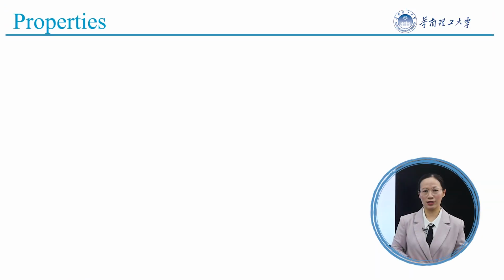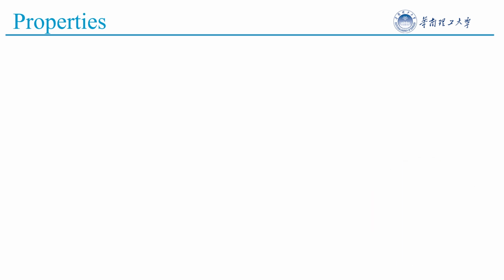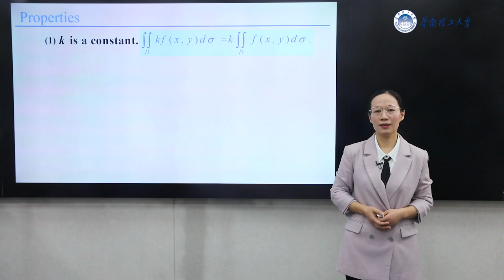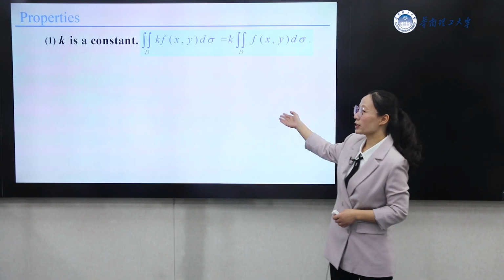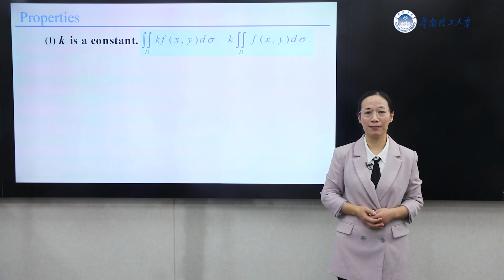What are the properties of double integral? We assume that the functions involved are integrable in the given region. k is a constant. The double integral of k times f(x,y) over region D is equal to k times the double integral of f(x,y) over region D. That is, the constant k can be moved outside the integral sign.